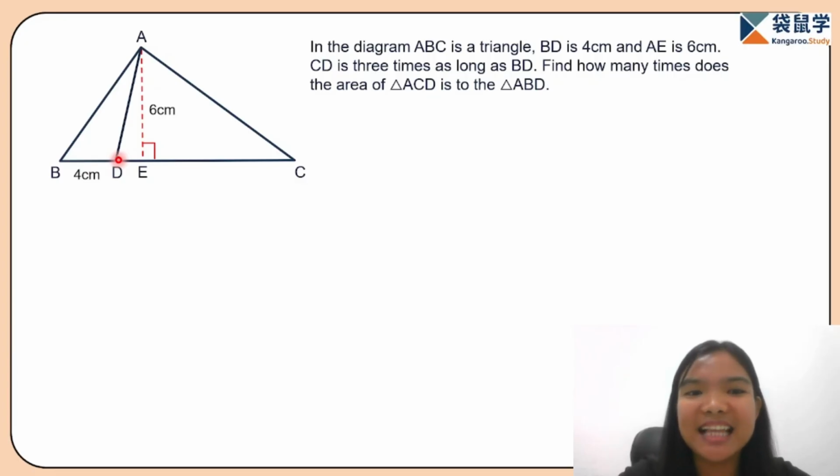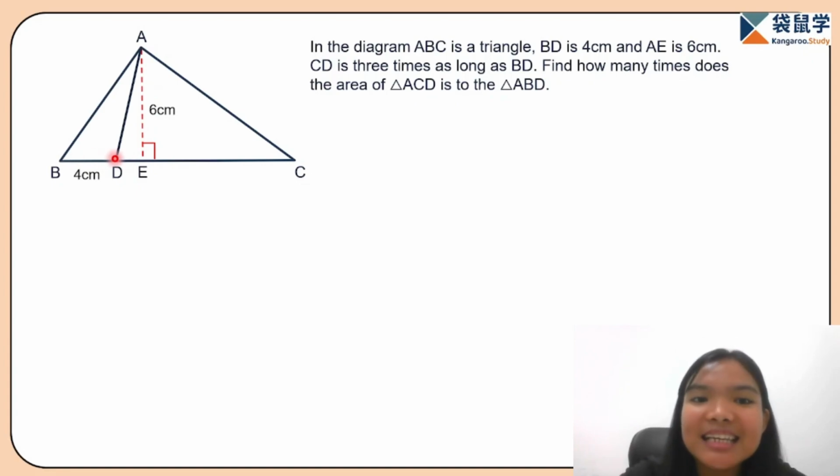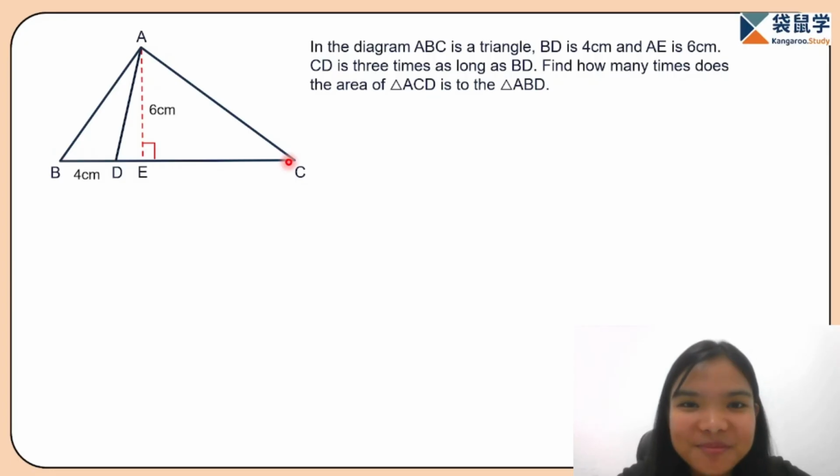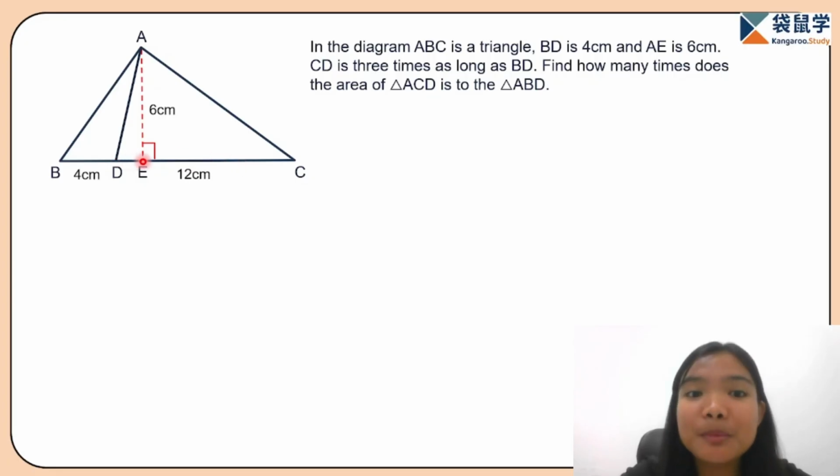So first, let's label. Here, BD is 4 cm and CD is 3 times BD. So what will be the length of CD? That is 4 times 3, which is equal to 12 centimeters. So here we have the base and the height of triangle ABD, and also the base and the height of triangle ACD.